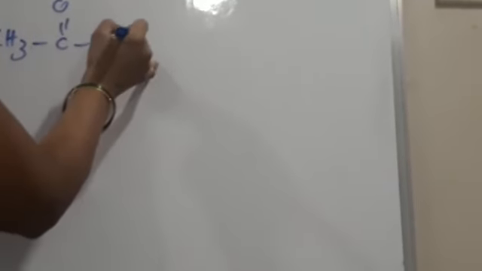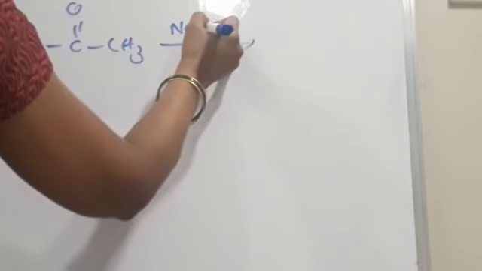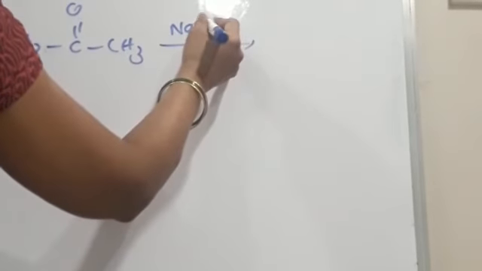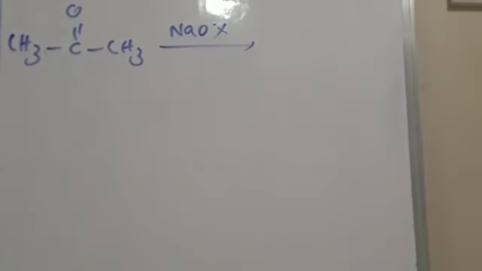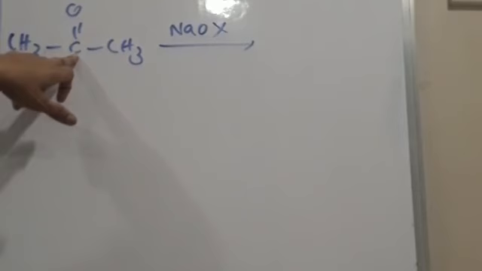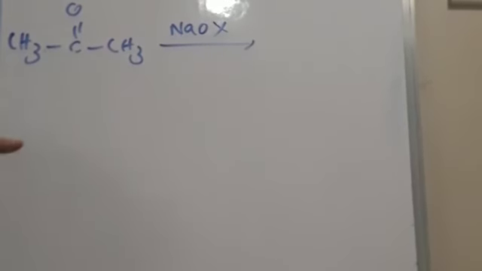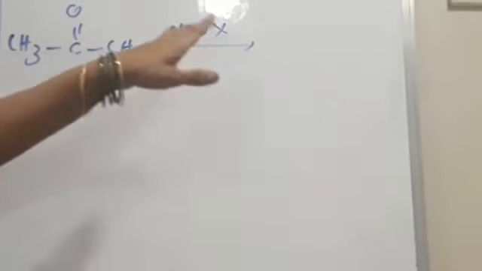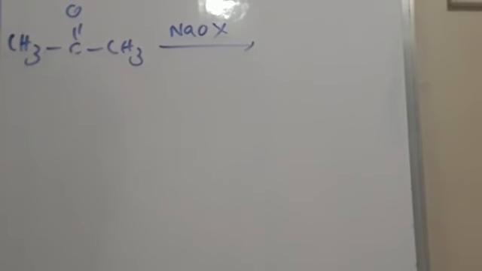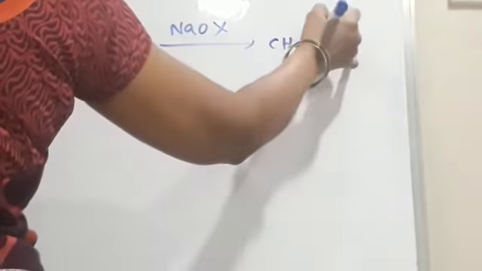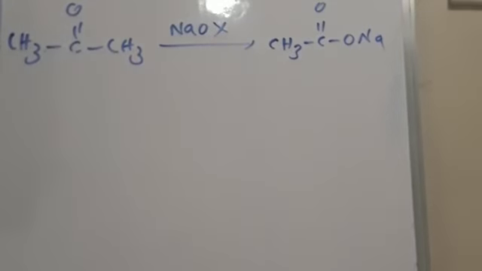For example, if acetone reacts with sodium hypohalite, NaOX, where X may be chlorine, bromine or iodine, the methyl group linked with the carbonyl carbon converts into haloform. The NaO group gets attached to the carbonyl carbon, and we get the corresponding salt of the carboxylic acid: CH3COONa, sodium acetate, the salt of acetic acid.